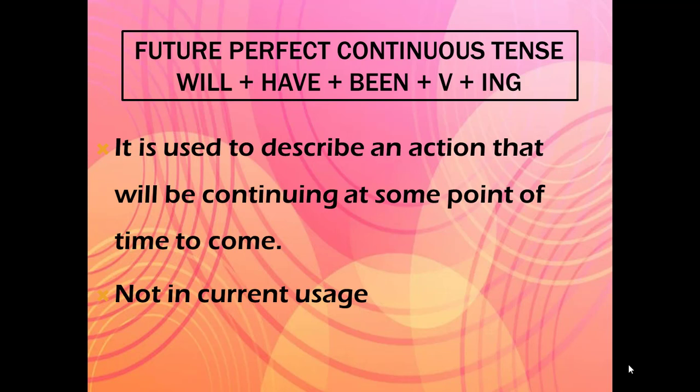So this future perfect continuous tense is used to describe an action that will be continuing at a point of time in the future. Whereas future perfect tense is used to represent an action that will be completed in the future, this future perfect continuous tense is used to represent an action that will be continuing in the future to come.